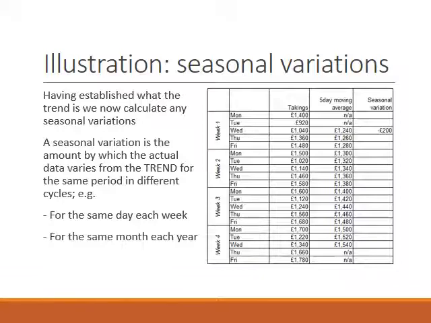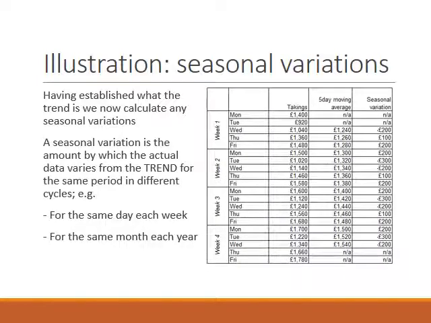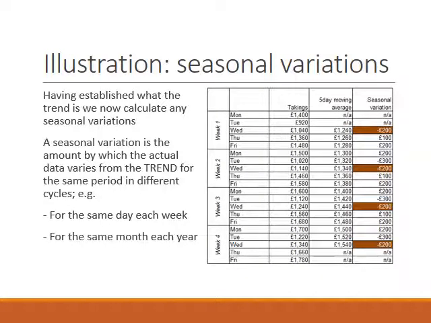So the first line for which we have data is Wednesday of week 1. 1040 less 1240 is minus 200. And we'll now complete the rest of this table in the same manner. Once we've done this, we can now have a look at the same days each week and see whether there is a pattern.